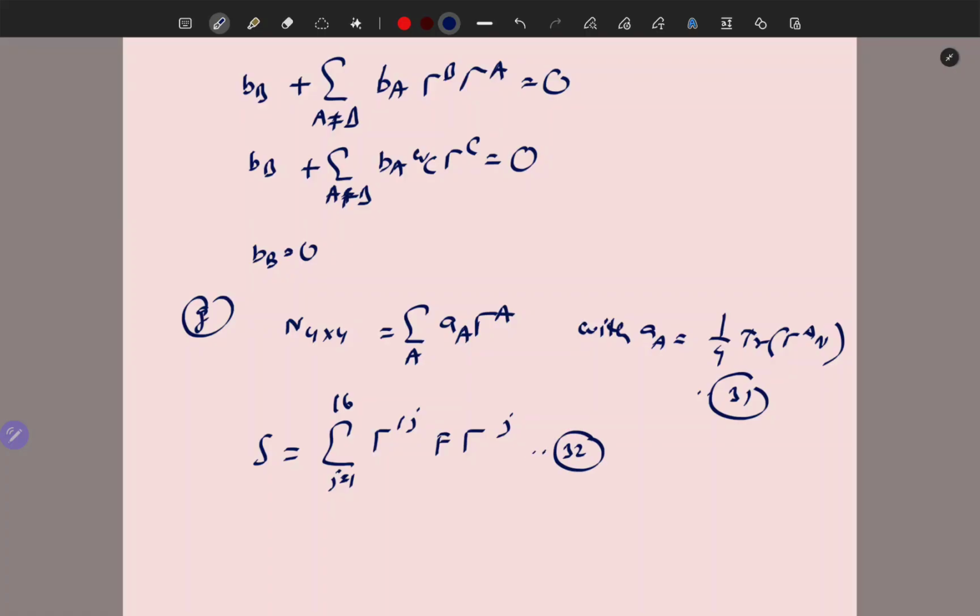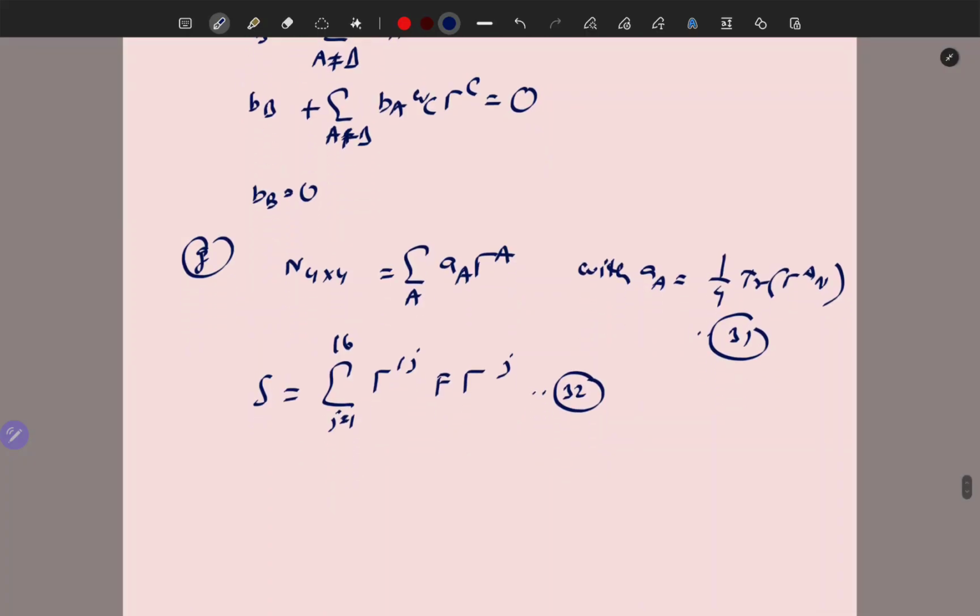The above form can be understood by noting that S is a 4x4 matrix, and so from property G it can be expanded in terms of the gamma A also. S in 24 led to gamma mu and gamma prime mu, so can we expand in terms of gamma prime mu?